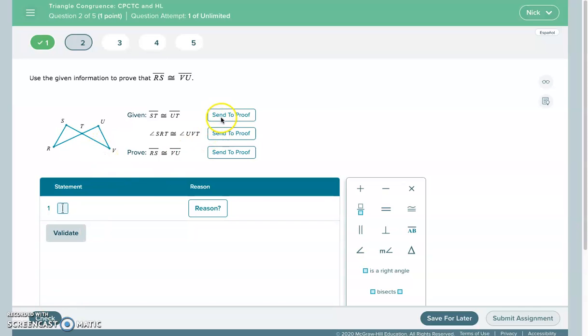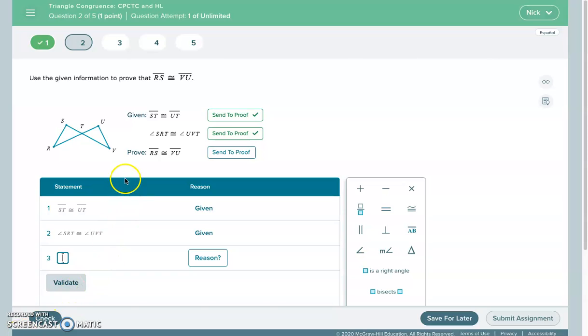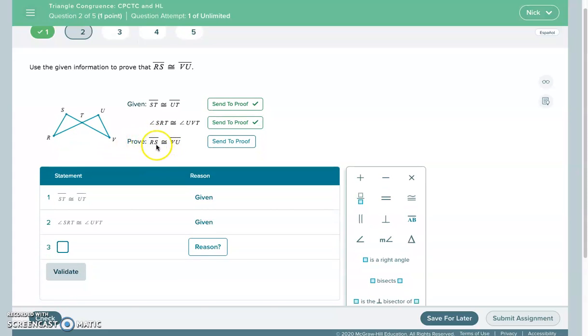Okay, so once again, sending our givens. So I have my bow tie shape here, and once again I'm trying to prove this, so I need to prove the triangles are congruent to get any extra pieces. I have ST is congruent to TU, so my two top sides are congruent. SRT, down here, is congruent to UVT, so top side, little angle.